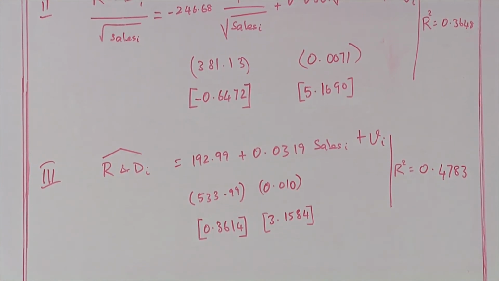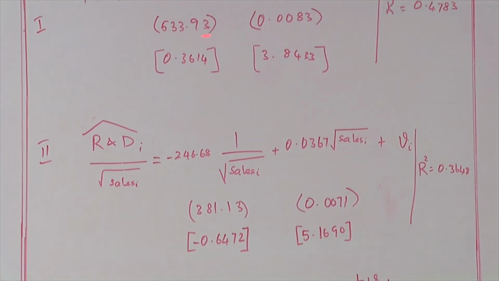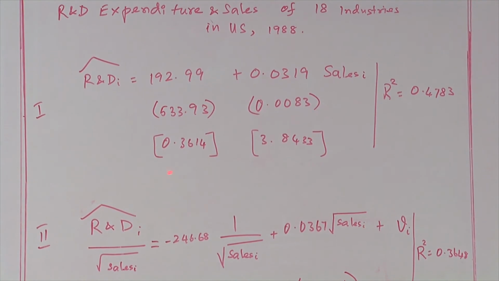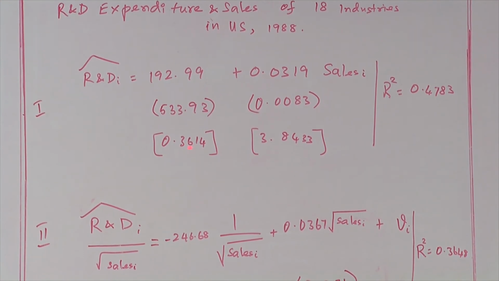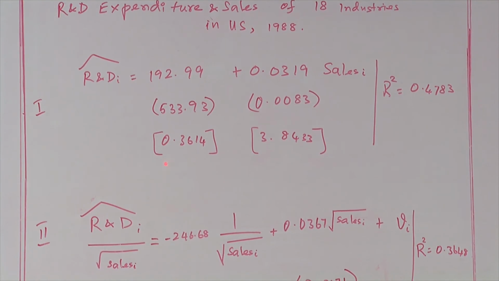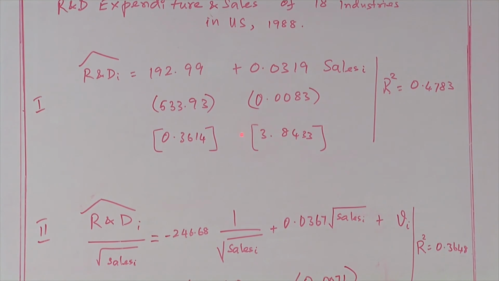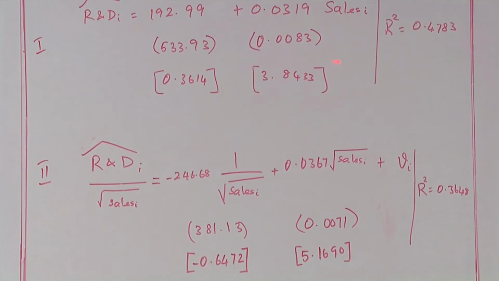You may compare the standard errors. Actually, the values given in the round bracket are the standard errors of the respective regression coefficients, and the square bracket gives the t ratio values. You may compare the standard errors computed by the 3 procedures in the presence of heteroscedasticity problem.